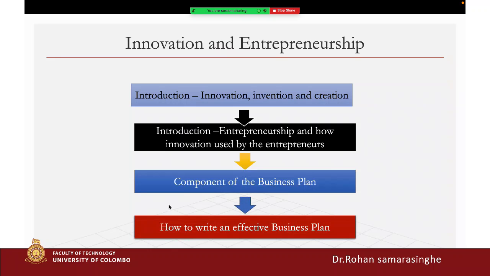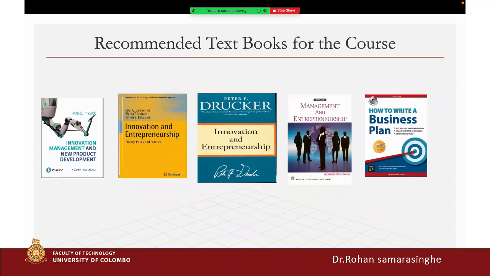Then finally, to complete this course module, you have to write an effective business plan and present it to the evaluation panel. The evaluation panel will give the marks for your business plan.